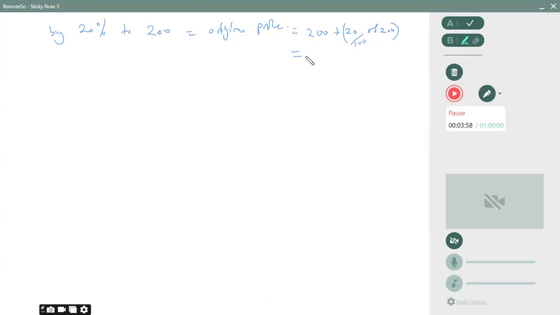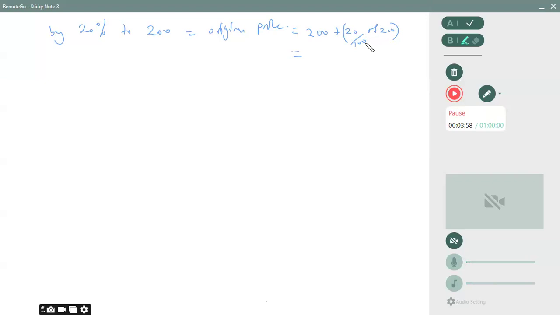Hope I'm interpreting it well. Decreased by 20%. Could it be that it will be $200 plus 20% to get the original price?